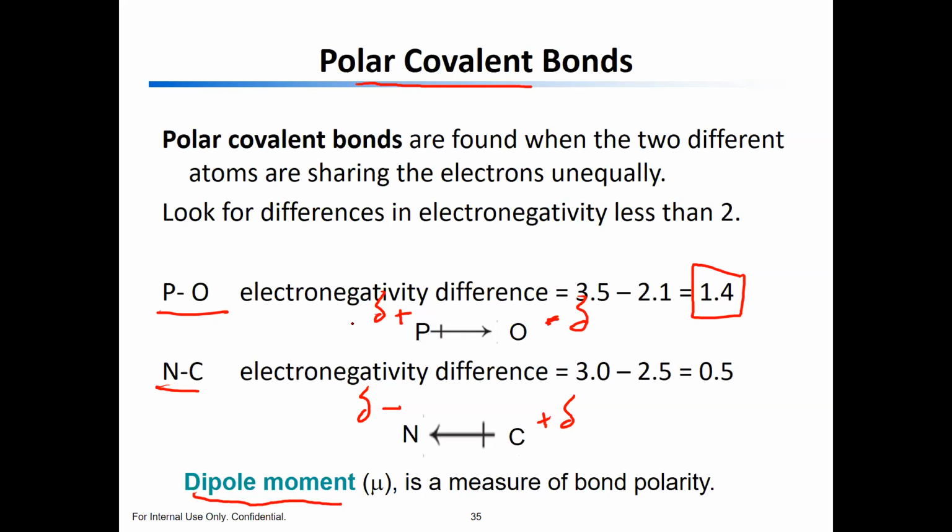And if we have something that's polar covalent, you have a charge on one side and a charge on another side, that's called polar. Just like the Earth, we have a North Pole and South Pole. They are opposites. So a polar compound has opposite ends. Opposite ends here are a plus charge and a minus charge. So that's why we call it polar covalent: opposite ends, plus and minus, and they're sharing electrons.